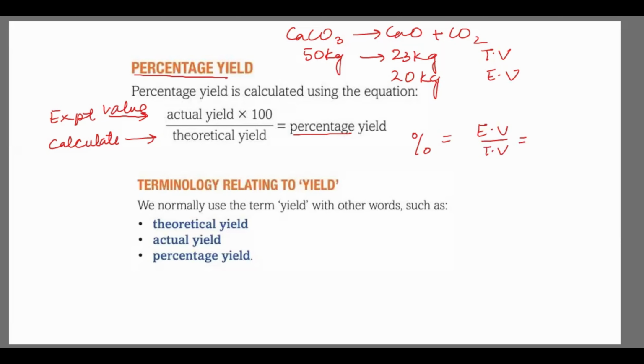Or I can say my actual value divided by my theoretical value. My actual, or experimental, value is 20 kg divided by 23 kg, which is my theoretical value, times 100. Simplify, and that is my percentage yield.